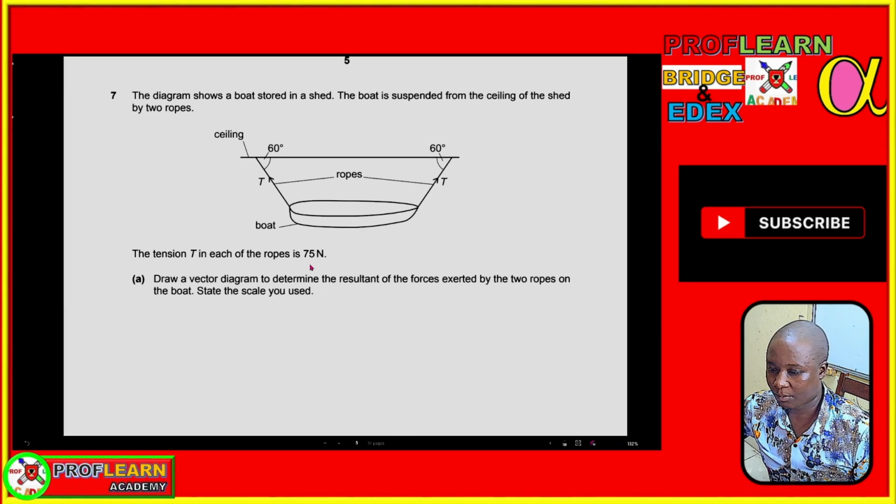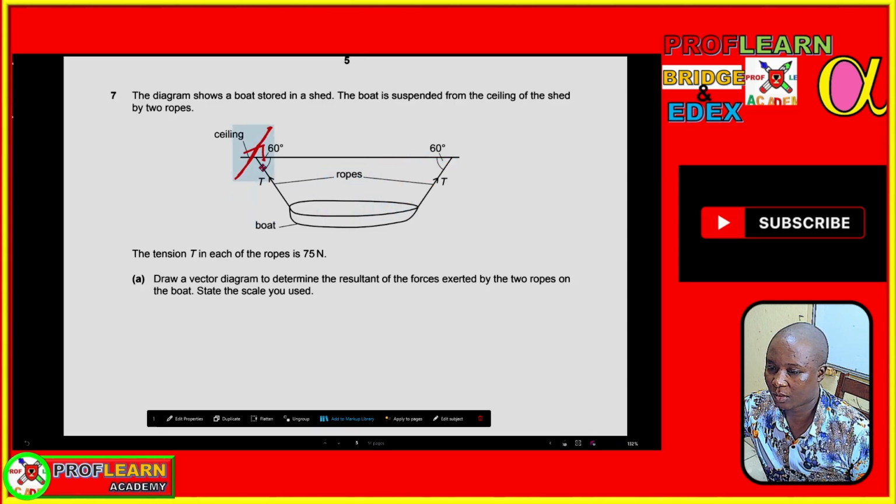Draw the vector diagram to determine the resultant force exerted here. You can see we have a force of tension T, and this angle that we have here is 60, so we can shift this vector and join it to the other end.